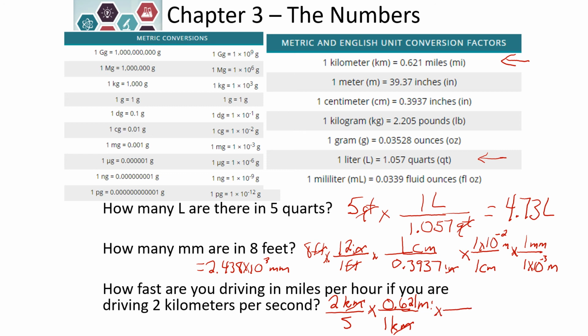So now we have to convert our seconds to hours. So 60 seconds allows us to cancel our seconds in 1 minute, and 60 minutes in 1 hour. And now we have miles divided by hours, which is what we wanted. Multiply across the top, divide by anything on the bottom. 4,471 miles per hour.